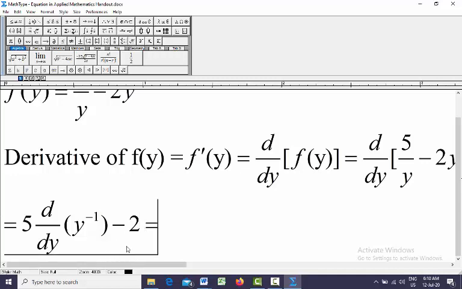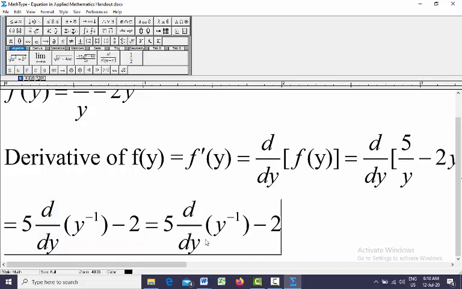right? So now we have a new formula. We'll study a new formula. So when you do differentiation of a variable with a power, there is a power here.